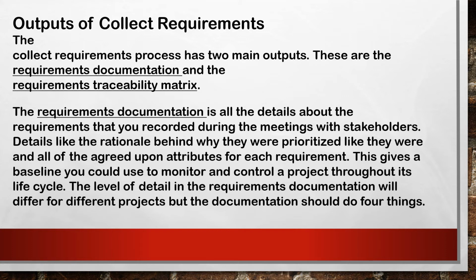Details like the rationale behind why they were prioritized, and all of the agreed upon attributes for each requirement. You could use this to monitor and control a project throughout its life cycle. The level of detail of the requirements documentation will differ from project to project.